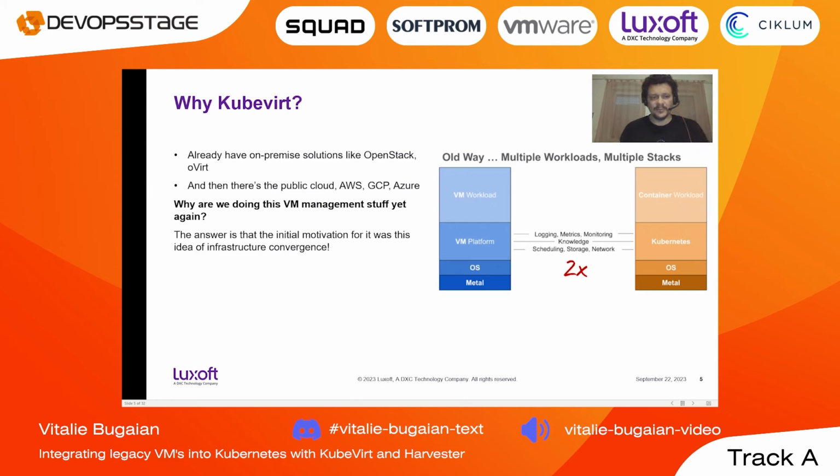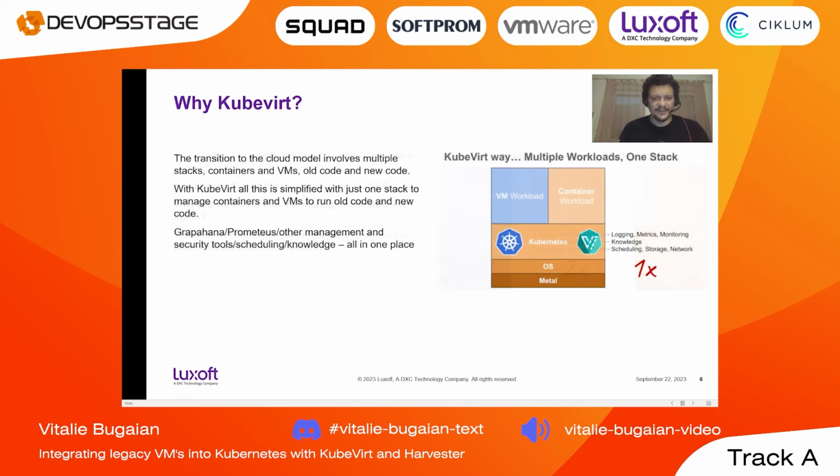So it's getting a bit complicated. Why not simplify it? So KubeVirt will help you to have a unified solution like Kubernetes, a unified orchestrator that will help you manage all these resources. You will have unified monitoring like Grafana or Prometheus, and you will have one thing where everything will be inside.